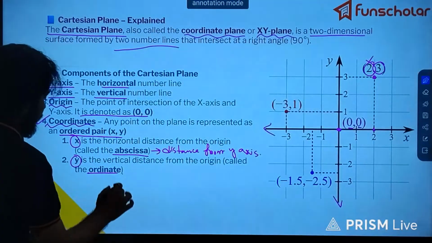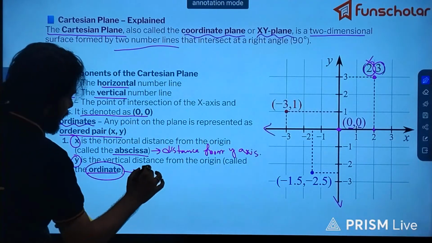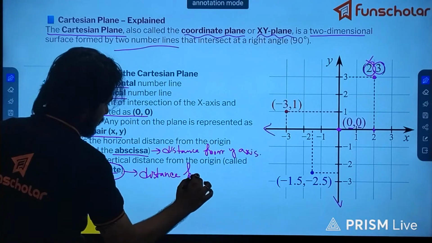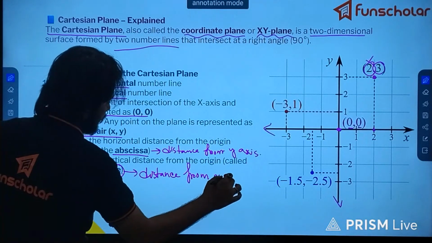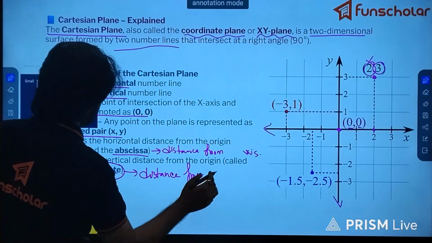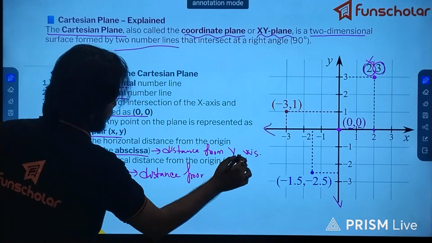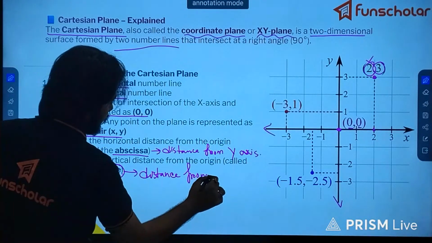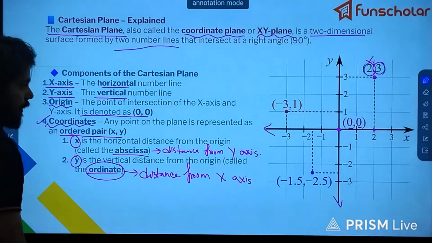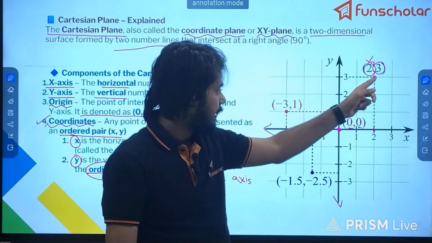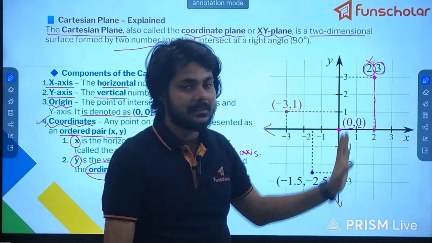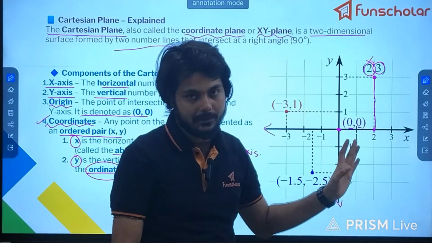And what is the ordinate? Ordinate is the distance of a particular point from the x-axis. Because 3 is the distance of that particular point from this x-axis, which is nothing but 3 units.